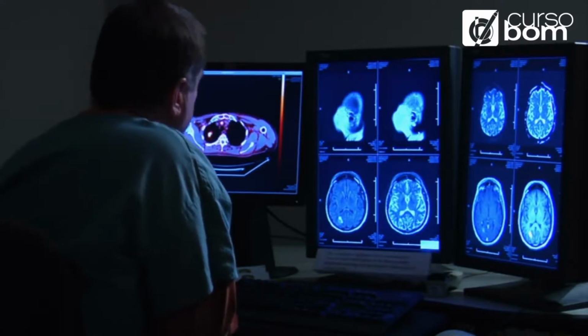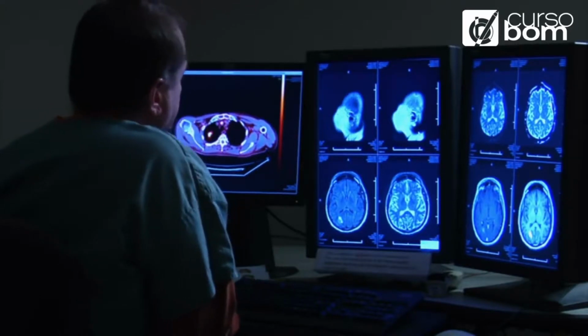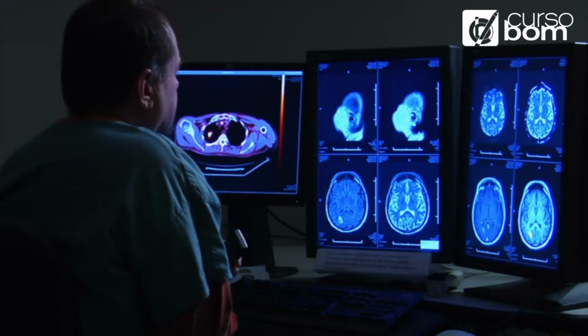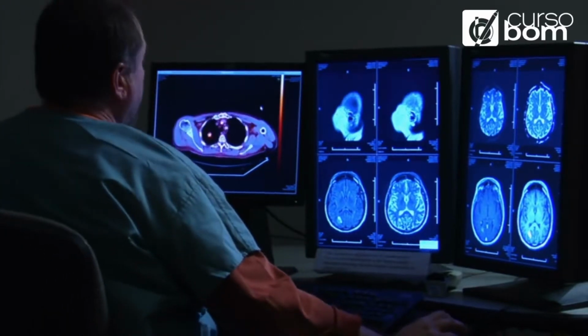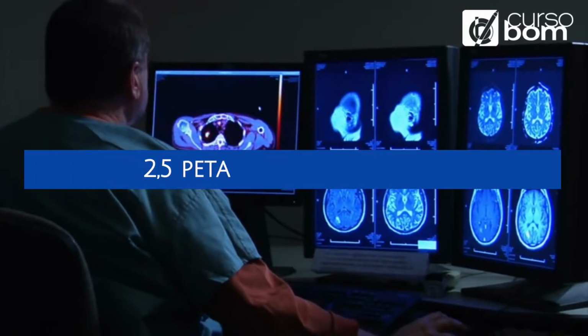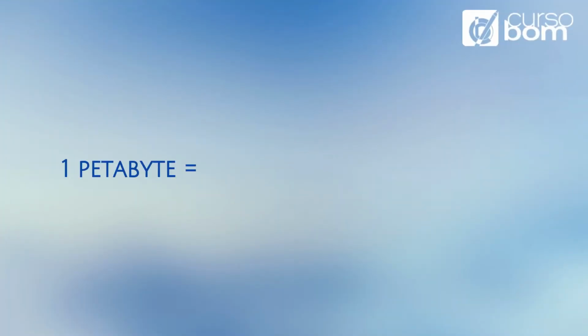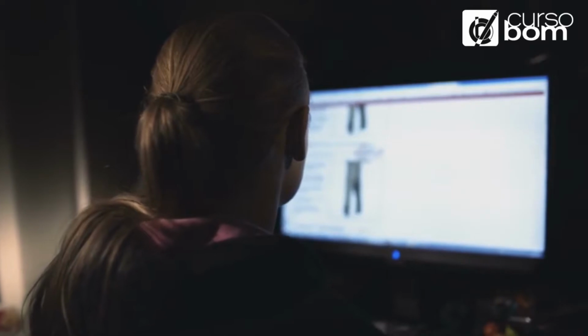Even so fast, the supercomputer does not do everything the human brain does yet. Research shows that the human brain has an information storage capacity higher than 2.5 petabytes, which means 2.5 million gigabytes, equivalent to more than 600 million web pages.